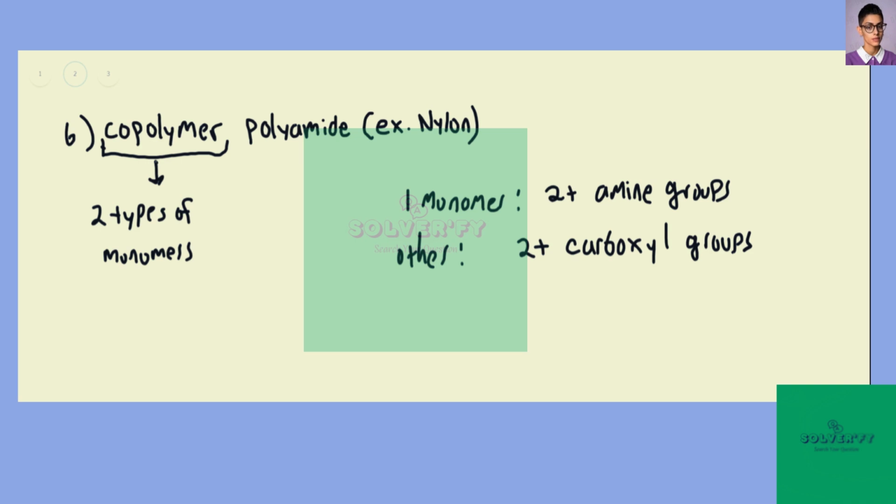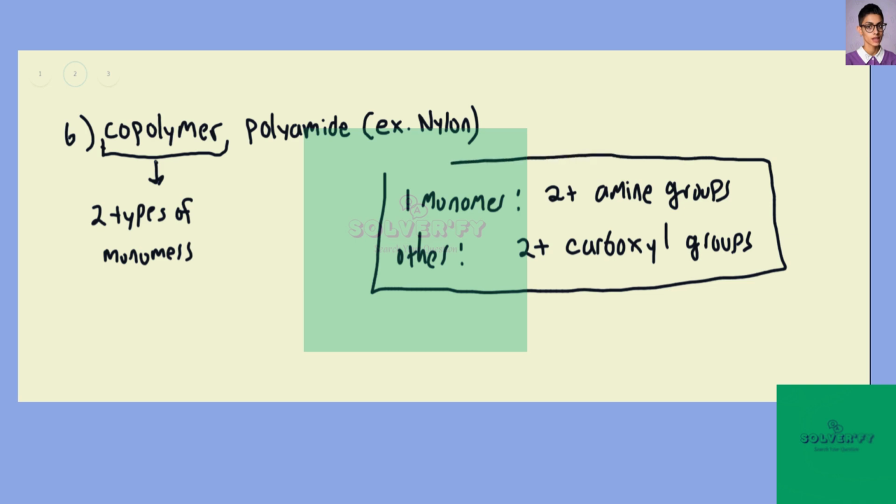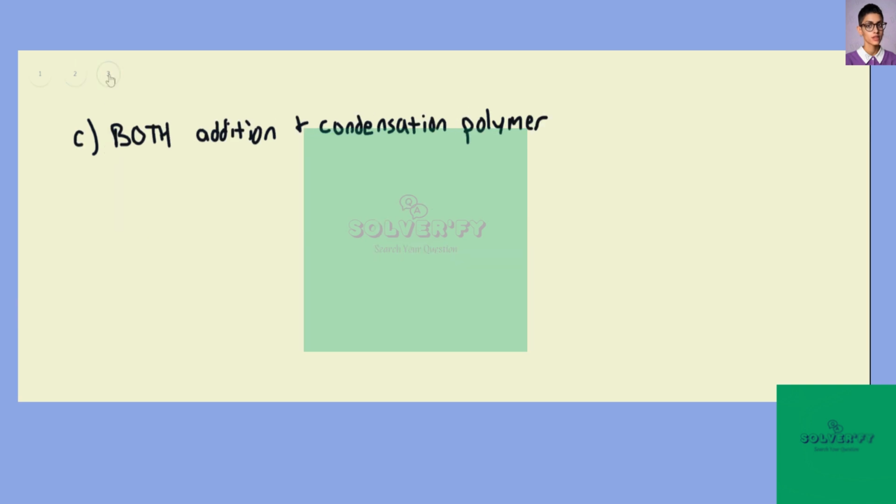The reason being, each of those monomers needs at least two functional groups in order to form the chain. You can think about it like a chain link. It has to have an attachment point at either end. So each of these monomers needs at least two functional groups to create that copolymer polyamide.